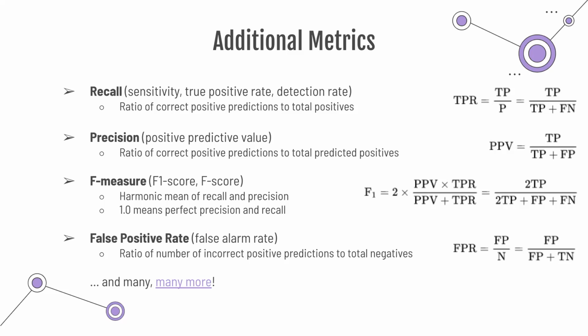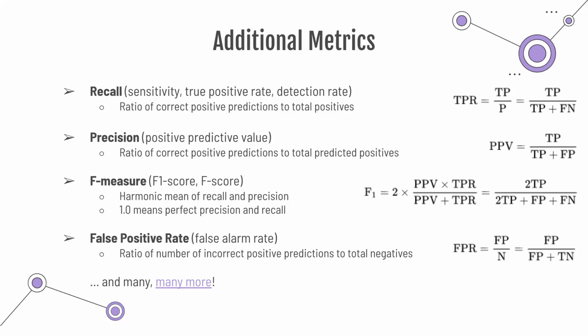What this means is that it's the ratio of correct positive predictions to total positives. Looking at the formula, the TPR equals the true positives over the total positives. The numerator is directly from our confusion matrix, but the denominator can be derived from it.